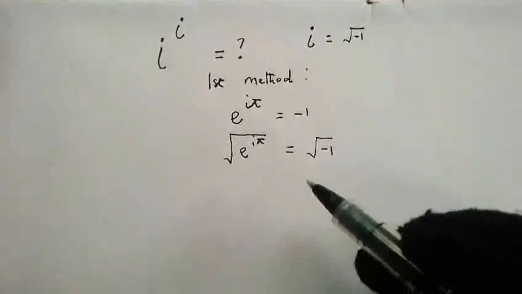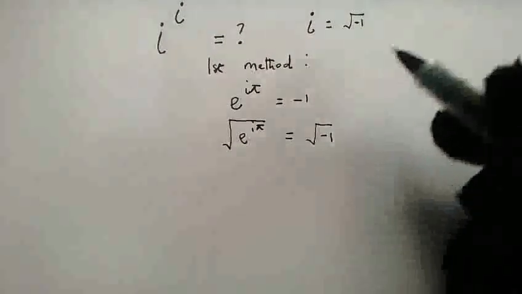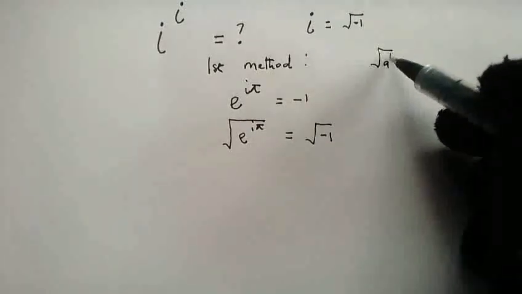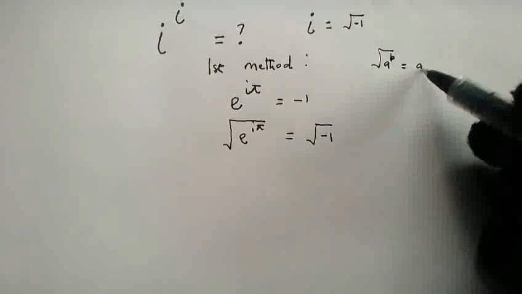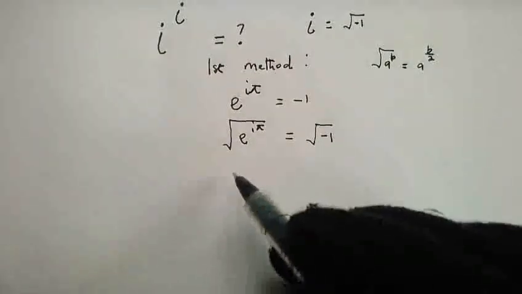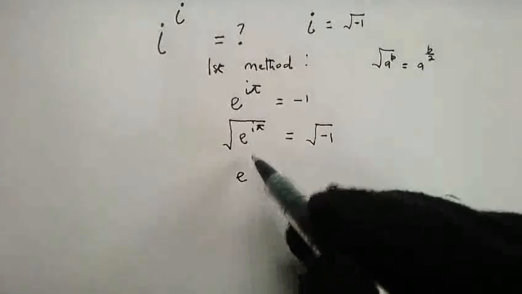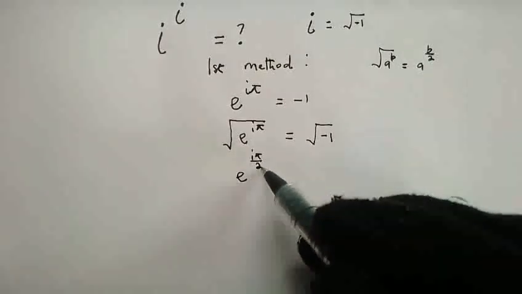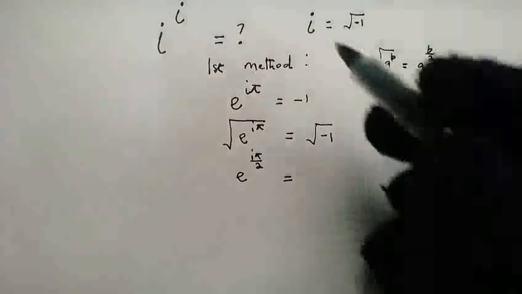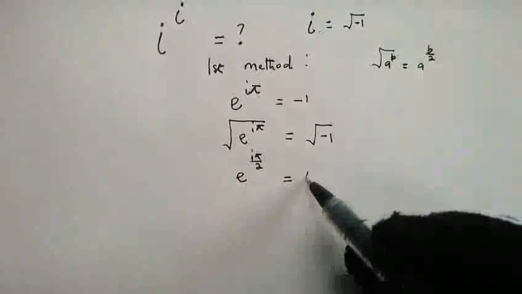Now let us observe the property that the square root of a raised to b is the same as a raised to b all over 2. So I have e raised to I pi all over 2 is equal to the square root of -1, which is iota, so I have I.